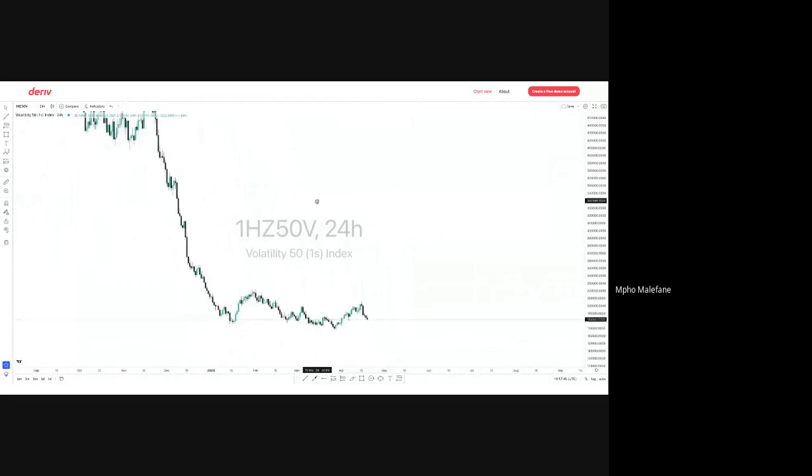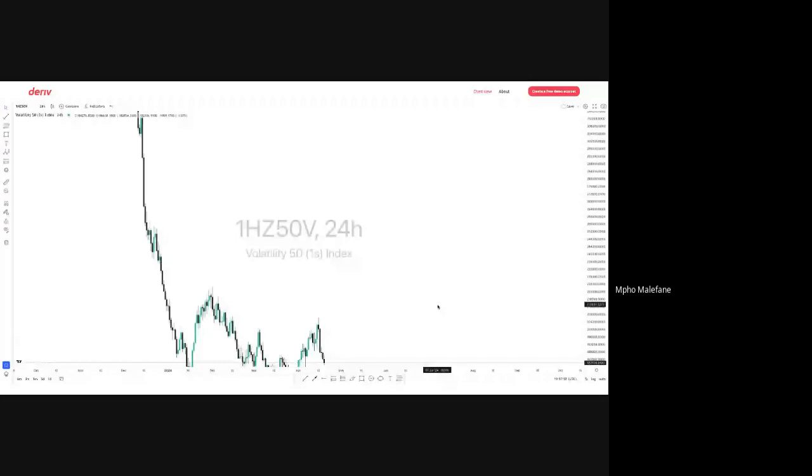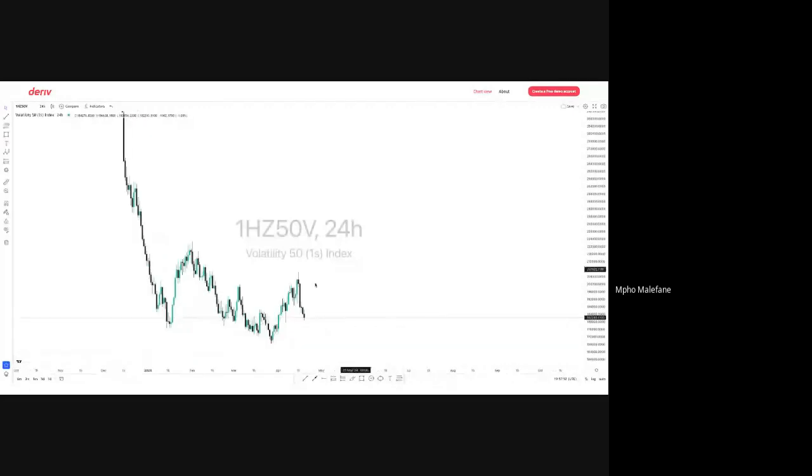So let's understand what's going on. According to what's happening here, this was the lower low, lower high, lower low, definitely lower high, and it's coming back to form a lower low. We're not yet sure it's coming back to form a lower low.